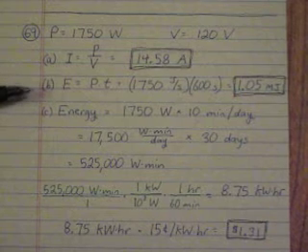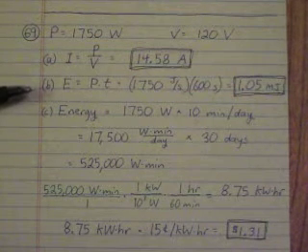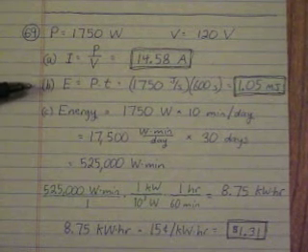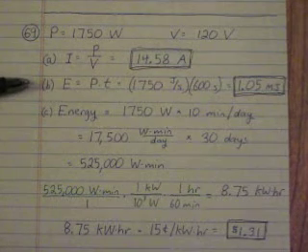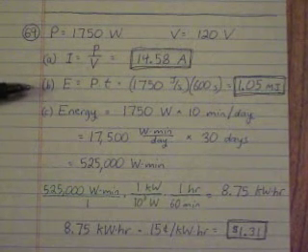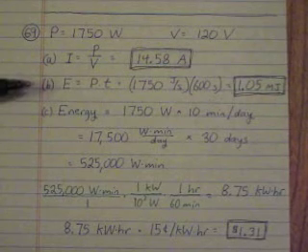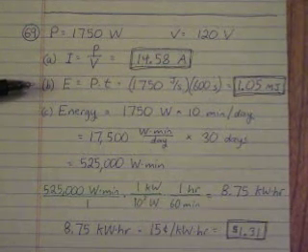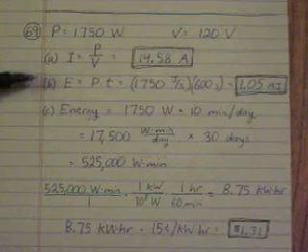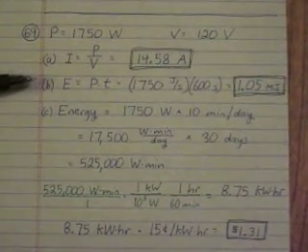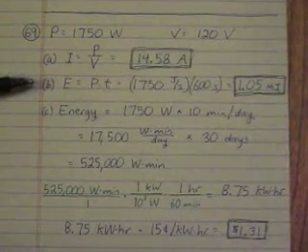Question B asks about the energy. So energy is power times time. 1750, it's watts, but I wrote it out as joules per second so you can see how the units divide out. So 1750 joules per second times 600 seconds, and you get 1.05 times 10 to the 6th, or 1.05 megajoules.